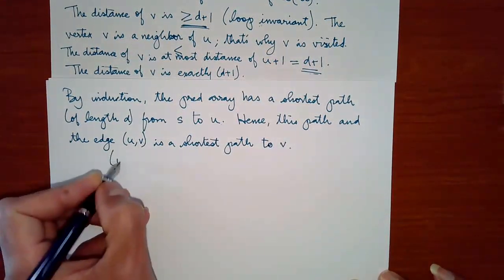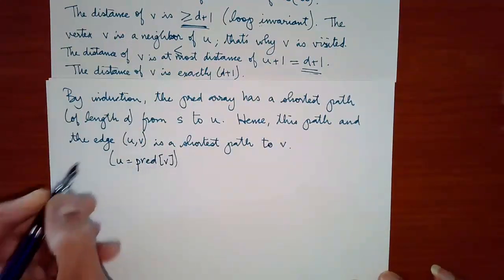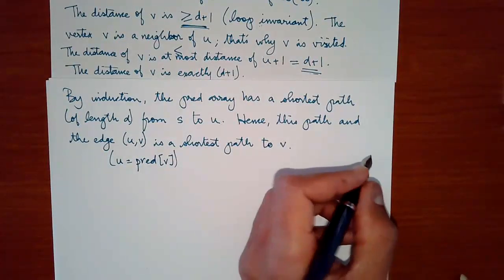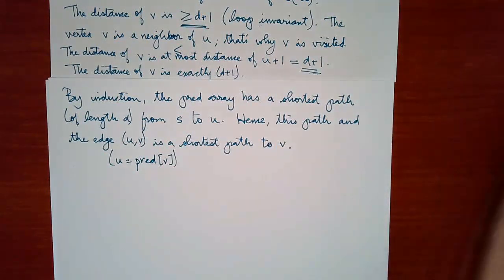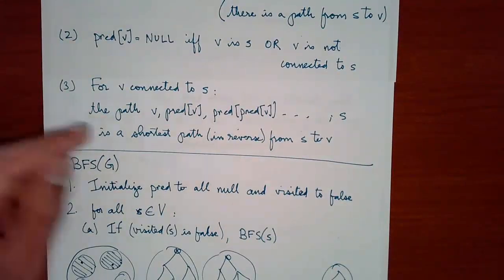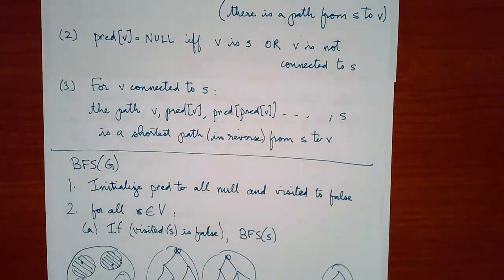And this is because U is the predecessor of V. Right? I've sketched out the proof, I've written it a bit messily, but this is the basic idea. And this will then complete the induction that proves that the path V, predecessor of V, and so on and so forth, is the shortest path in reverse.